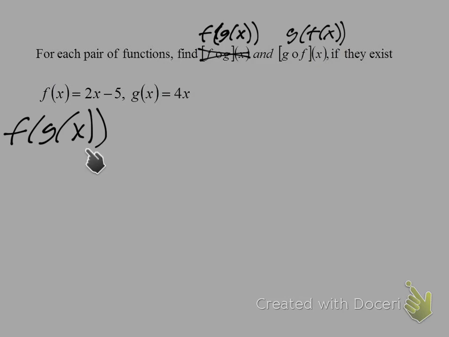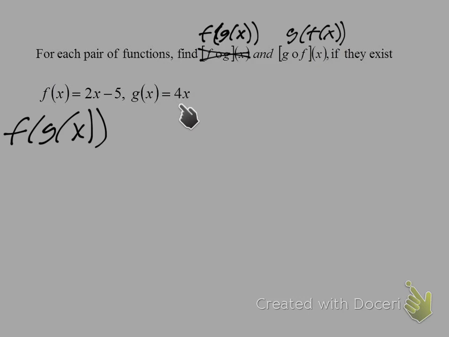Now, if this was a number, what would we do? Plug it into g. It's not a number. It's a variable. So take that variable and plug it into the g. So plug in x for x, you get 4x.